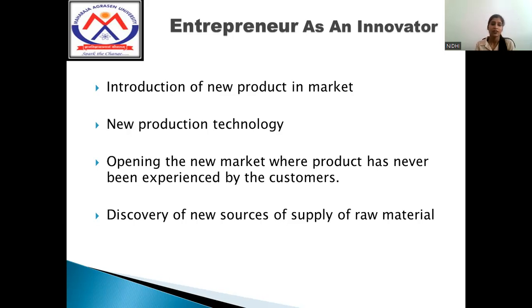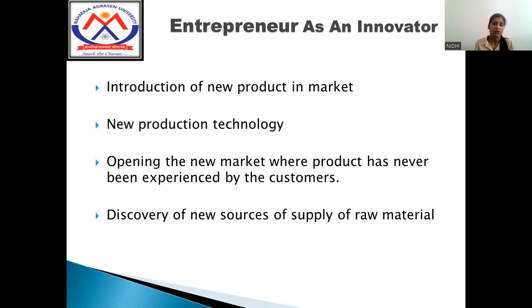The latest production technology will also reduce time and provide more efficiency. Production also becomes very convenient with the help of the new production technology.